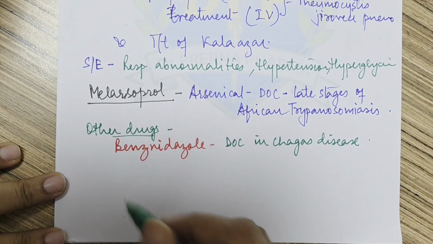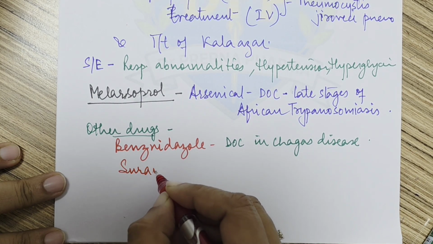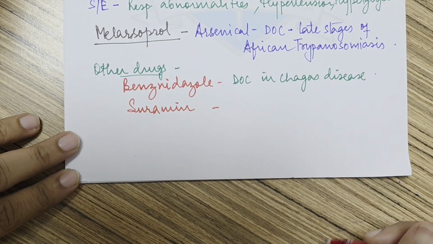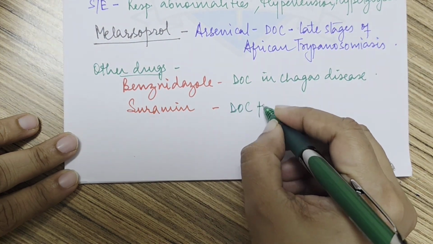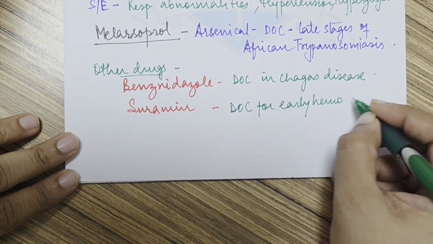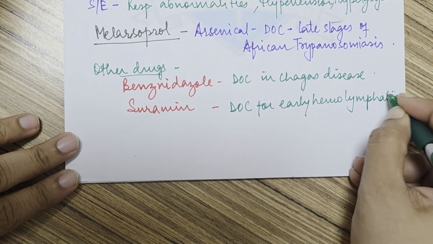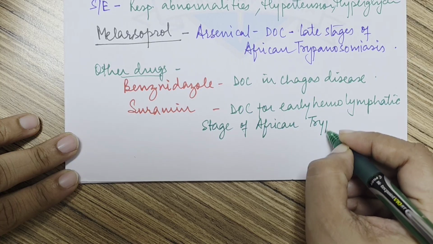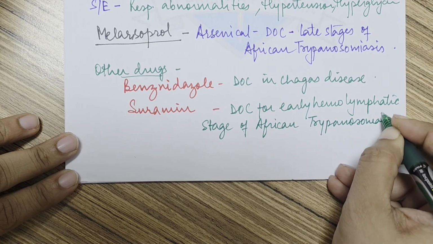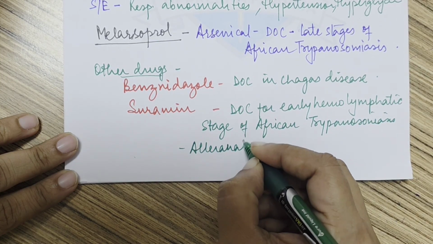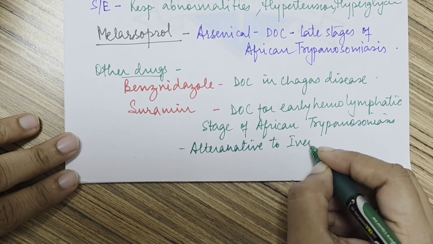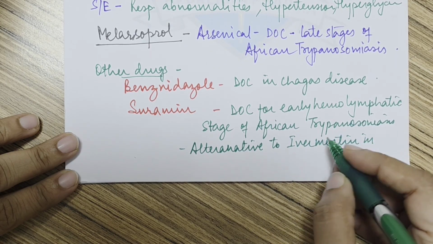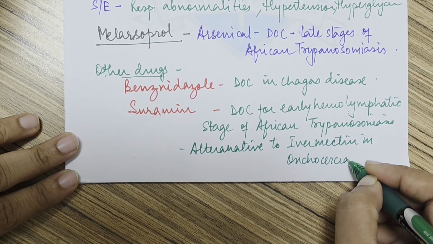Right? Then we have another drug that is called as suramin. Now, what is the suramin? Suramin is the drug of choice for early hemolymphatic stage of African trypanosomiasis. It is also used as an alternative to ivermectin in onchocerciasis.